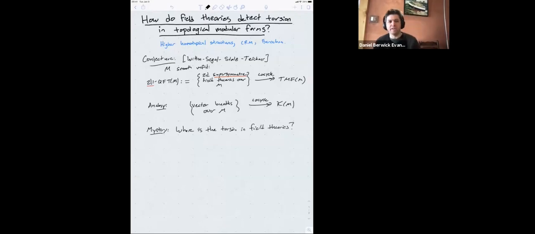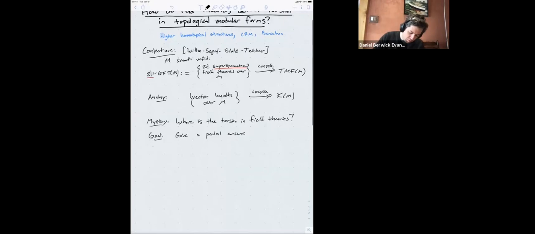And so my goal today is to both give you a sense of the two sides of this conjecture and also a partial answer to this mystery. And the partialness of the answer will come from approximating both sides of the conjecture by simpler objects and showing that those simplifications already detect some torsion.